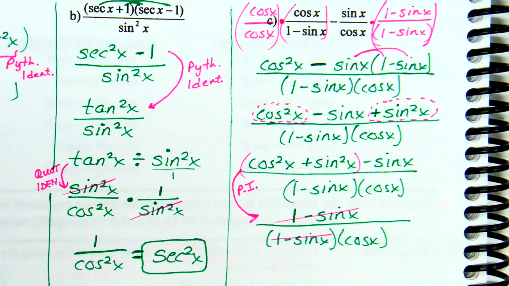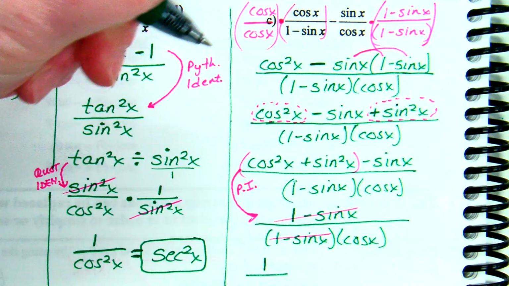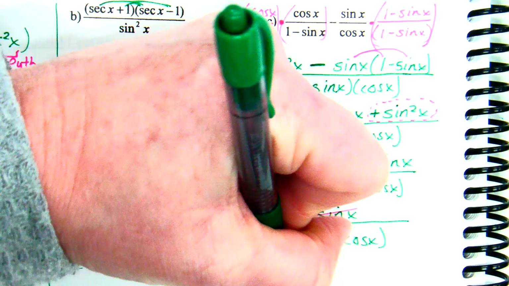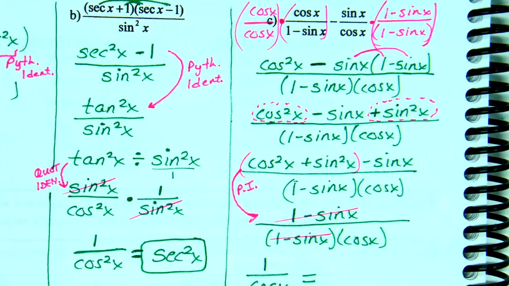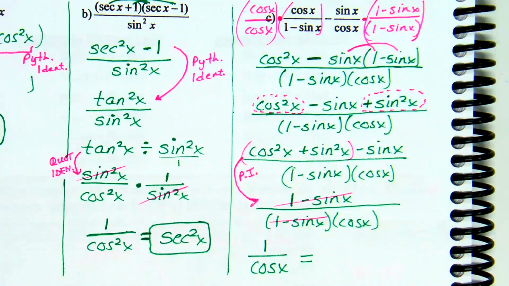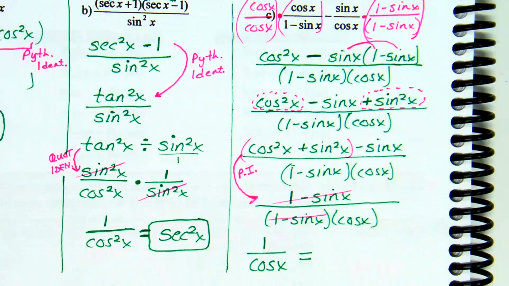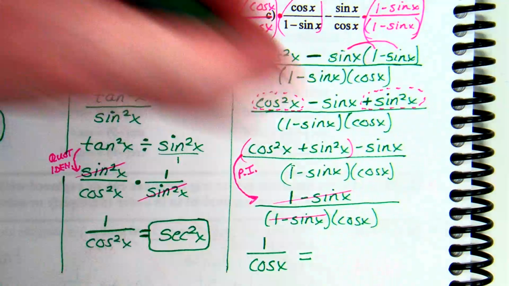What does that leave in my numerator? 1. What is left in my denominator? I have 1 over cosine x. But we know better than to stop there. We're going to write one last answer. 1 over cosine x is the reciprocal of secant x. So 1 over cosine is secant.